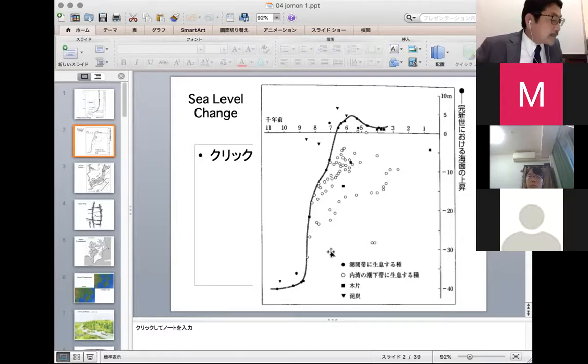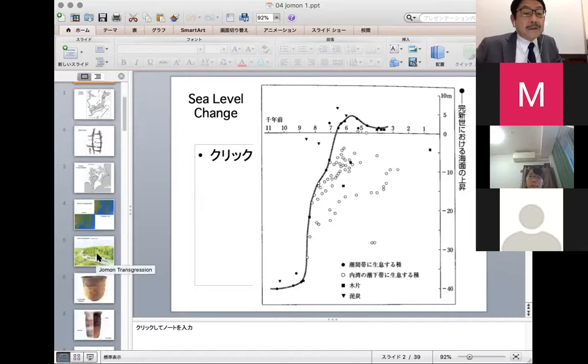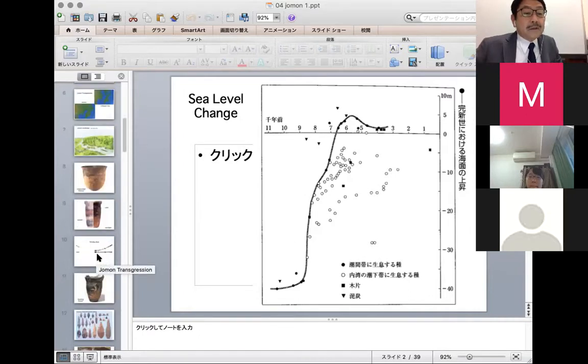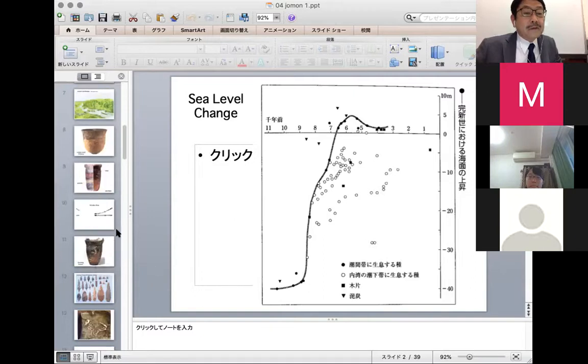Anyway, human beings are very intelligent, so they would not just sit and watch the change of environment. They would go out and try to explore, try to use whatever they could use to survive.